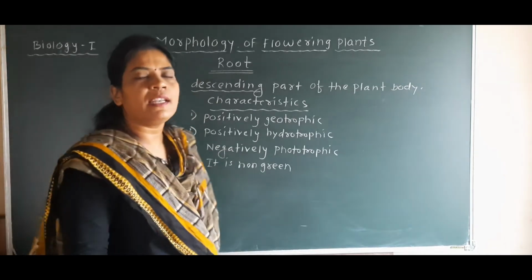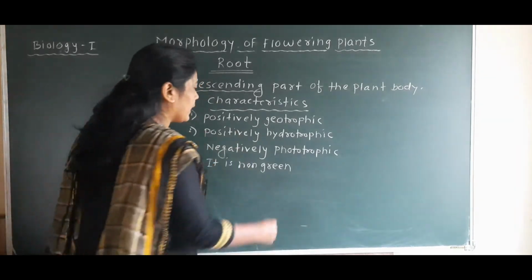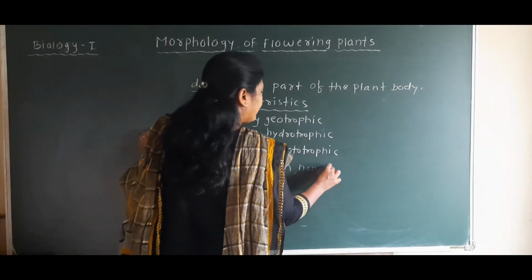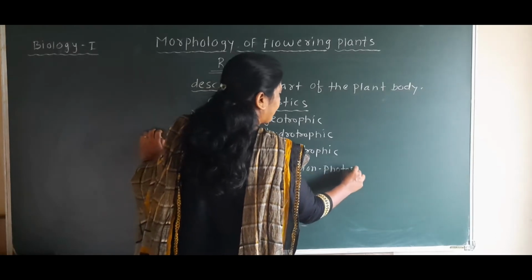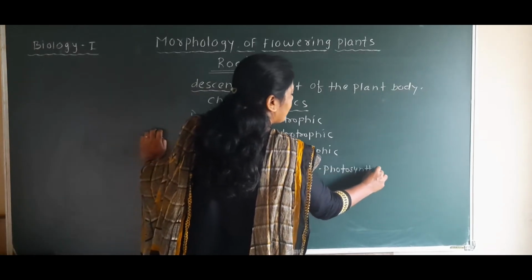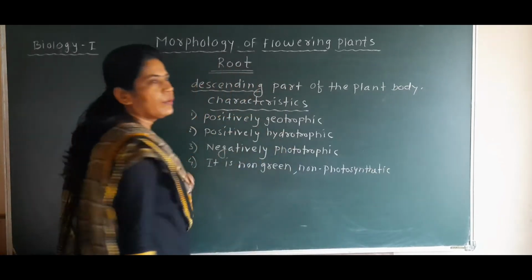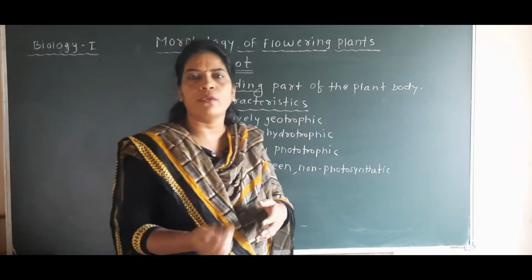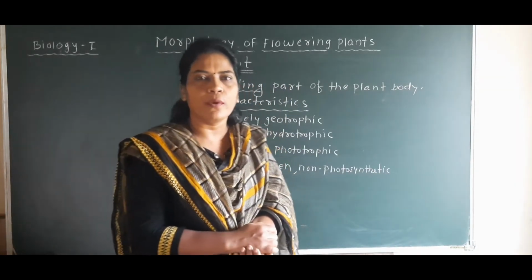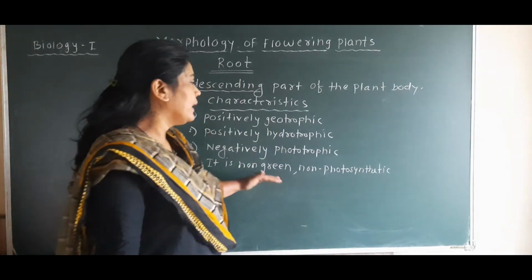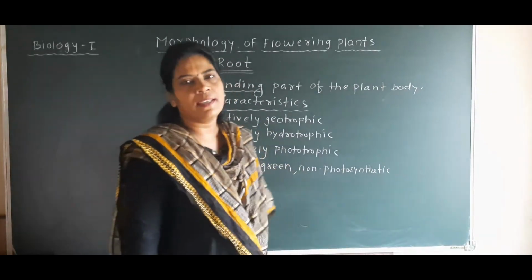As it is non-green, it is non-photosynthetic, because we know that the green part of the plant always carries out the photosynthesis process by which the plant can prepare its food. But as it is non-green, it is non-photosynthetic.